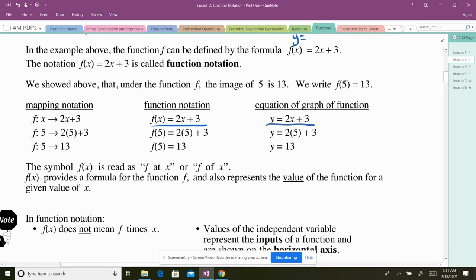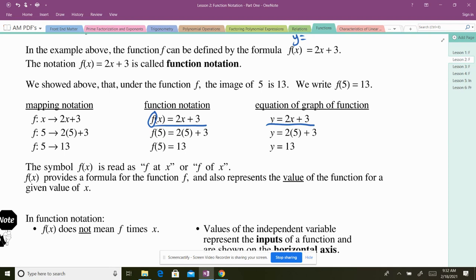So the only difference between these two is this f that is telling you it is a function, which means what? What is the definition of a function? It's not a relation. Crosses the graph once, a vertical line. What was the very first definition I gave you? That's the vertical line test.